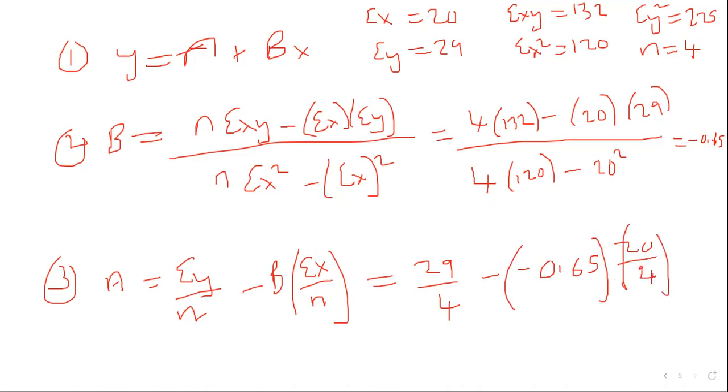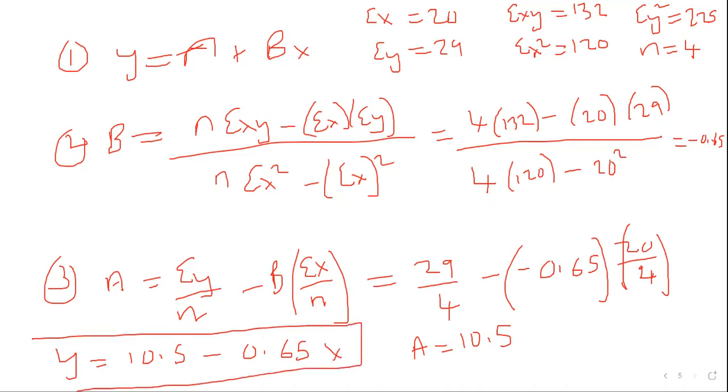When you compute that, and if your computation is well done, you'll find a as 10.5. Since we have our regression equation there, we just substitute those figures. Where there's a, we put 10.5. Where there's b, we put negative 0.65. And you leave the x as it is. This is about 5 marks to find the regression equation.